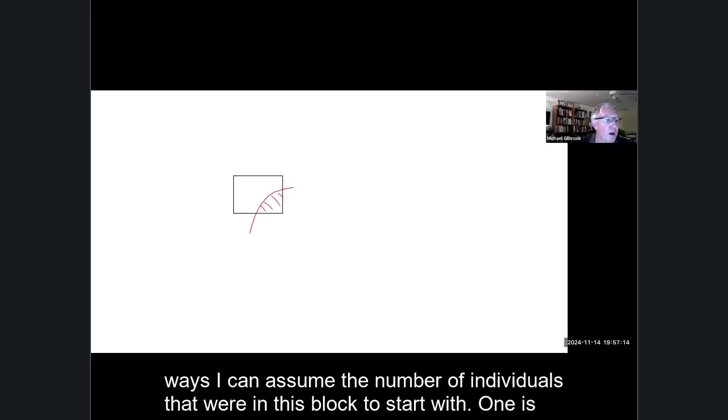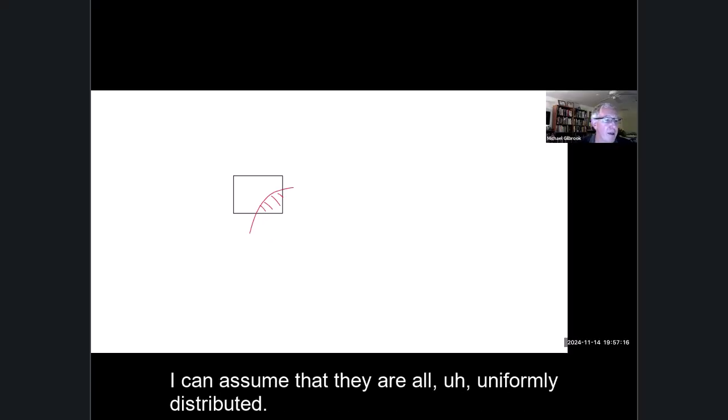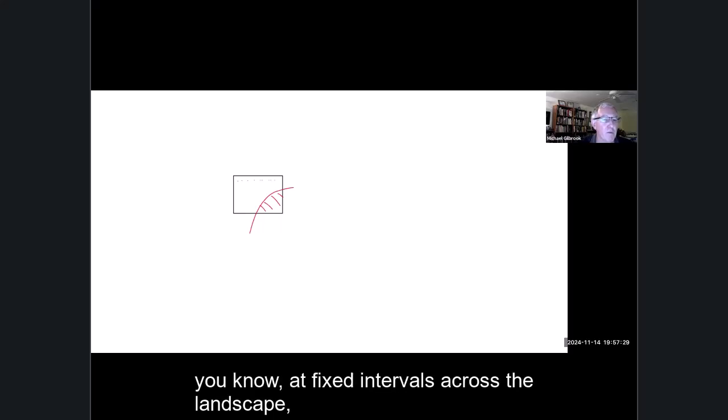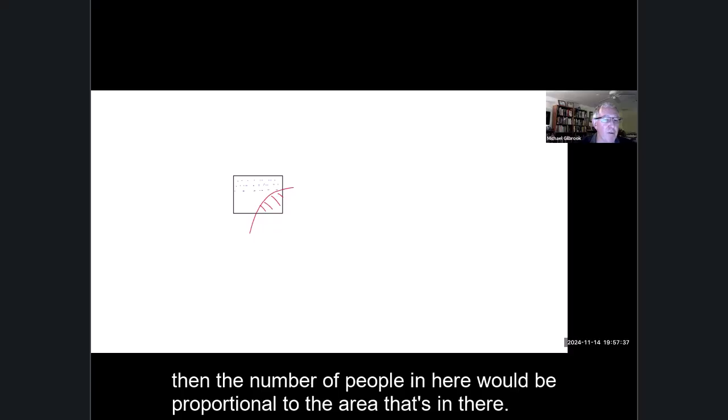One is I can assume that they are all uniformly distributed. If the people in there are pretty well spread out uniformly, at fixed intervals across the landscape, then the number of people in here would be proportional to the area that's in there.